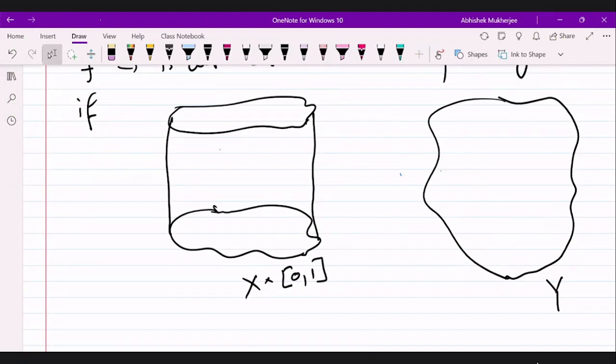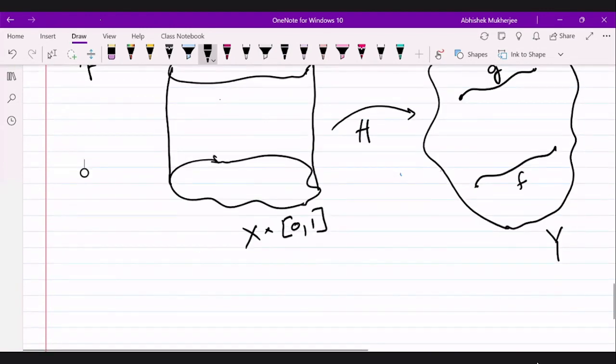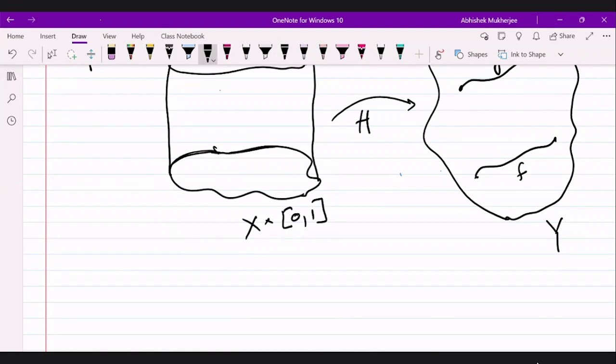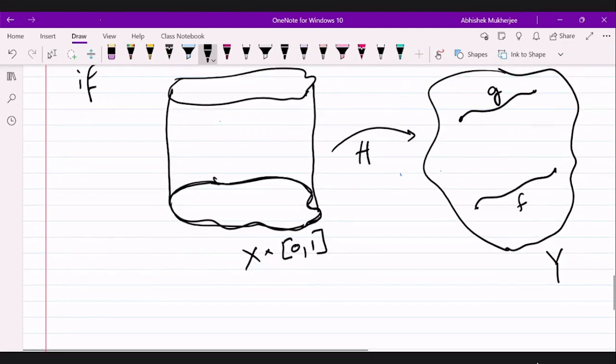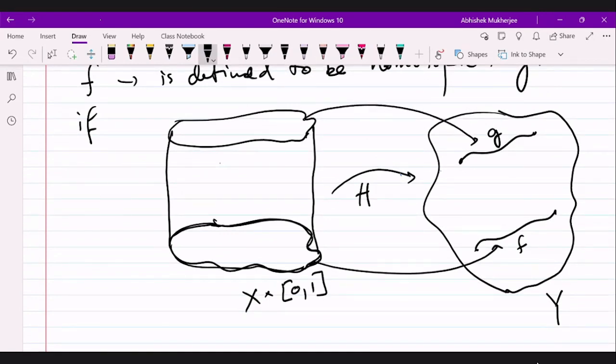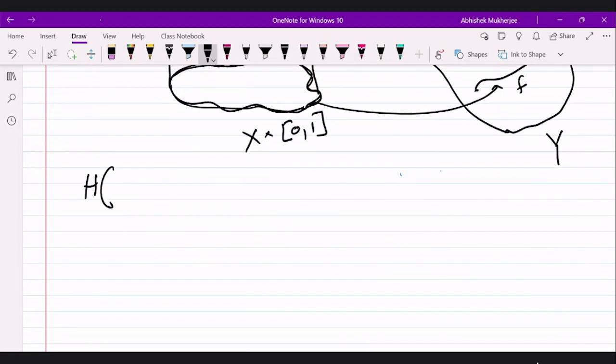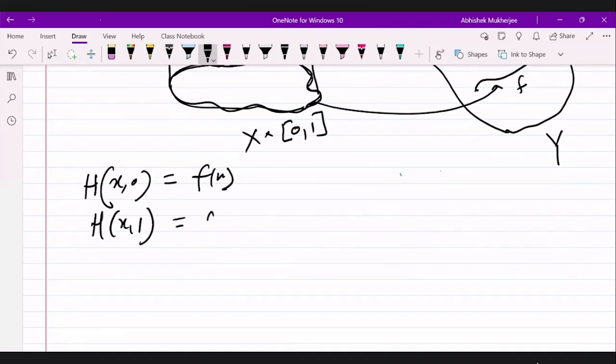So the maps are, one is F, and another one is G. And I'm going to define that F is homotopic to G if you can find a map H from X cross this interval such that this base will be taken to F, and this part will be mapped to G. Okay, so you can write it in terms of coordinates, that is H(x,0) is F(x), and H(x,1) is G(x).